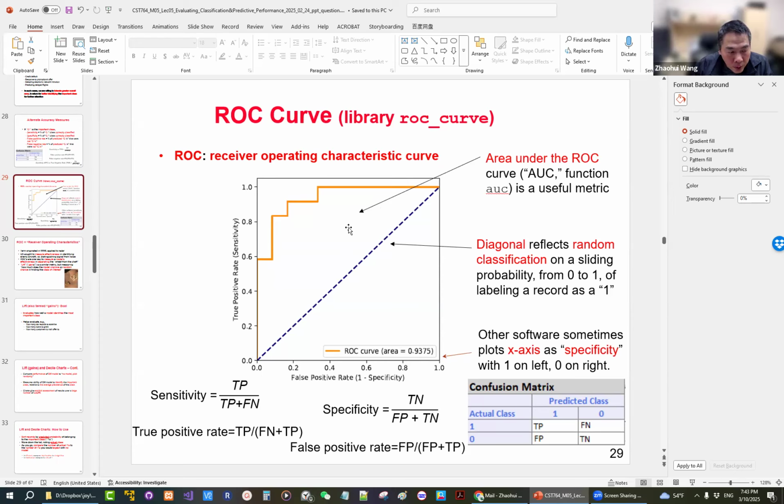Then we can make this plot. So this plot will be calculated one by one using different cutoff values. One cutoff value has one confusion matrix, one specificity or false positive rate or true positive rate. So this curve is actually plotted using different cutoff values.